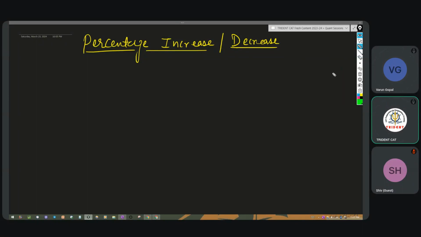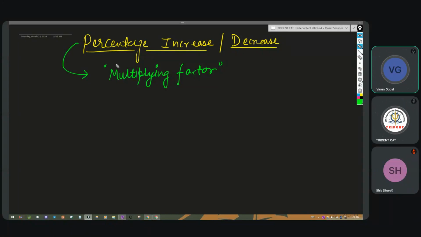Before going to that, this section of the discussion will deal with something called the multiplying factor. Now guys, multiplying factor is not something that you should pay too much attention to.